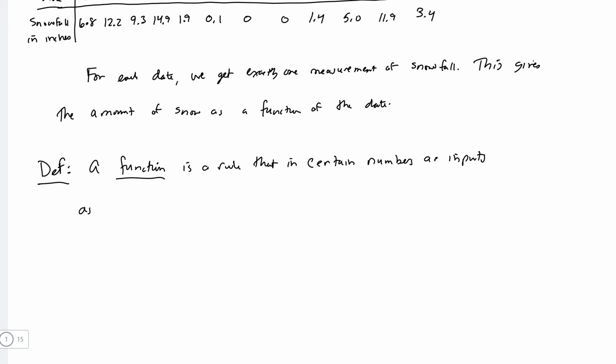and assigns to each input a unique output number. Again, the outputs don't have to be numbers, but for our purposes, we're going to require them to be numbers. So the collection of inputs is called the domain.